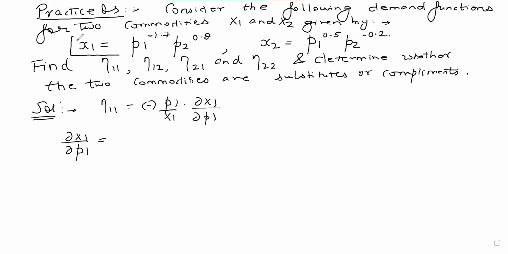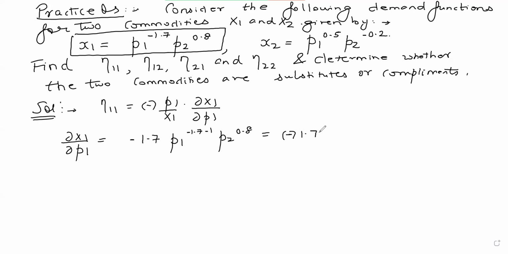if I partially differentiate this demand function with respect to p1, I get negative 1.7 times p1 to the power negative 1.7 minus 1, p2 to the power 0.8. So this is negative 1.7, p1 to the power negative 2.7, p2 to the power 0.8. This is my del x1 by del p1.